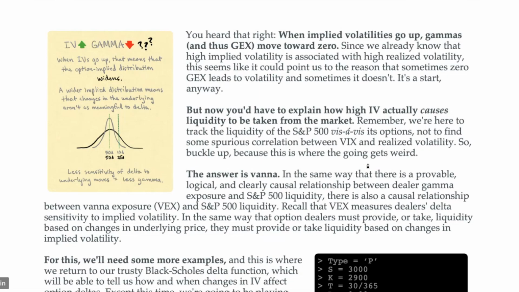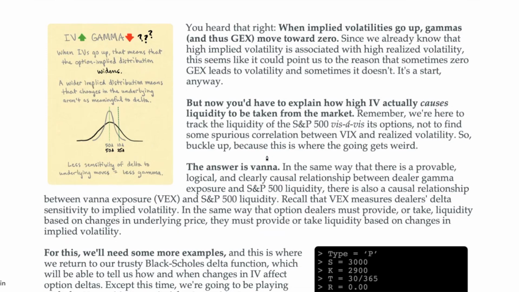So the effect of gamma on the deltas is actually going to shrink because the curve is flattening. Exactly. Makes perfect sense. Okay, so now that we've got that, we can start to move on.